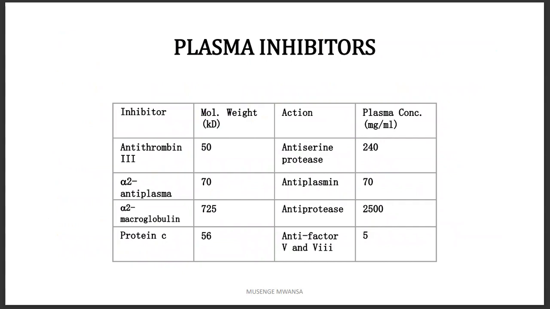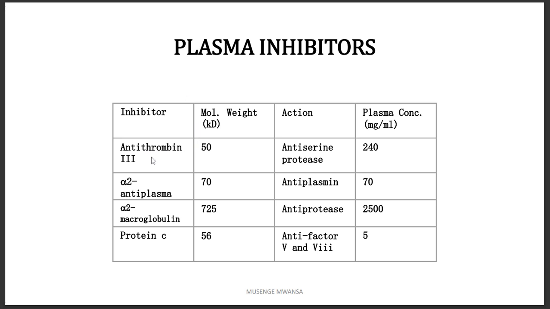So we have got some proteins which are involved in coagulation. In the same way, we have got proteins which are involved in inhibiting coagulation. Now, these proteins which we have here are plasma inhibitors. Not necessarily that they are going to inhibit coagulation. Some of them, they might inhibit the inhibitor. We are going to understand what we mean.